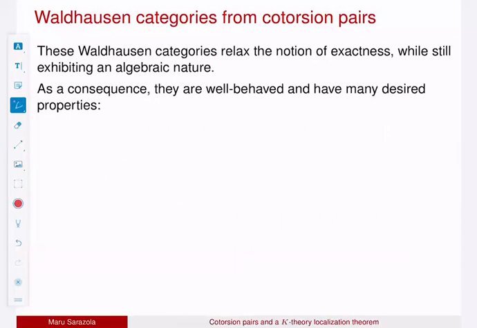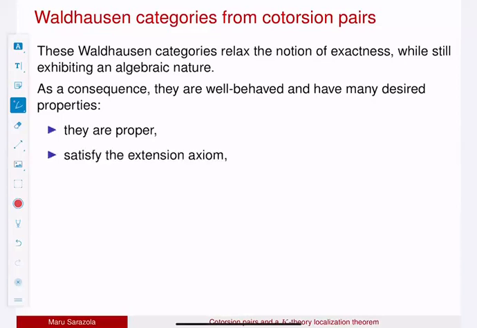Okay, so for a last word about these categories constructed from Cotorsion pairs, they have really nice properties. They relax the notion of exactness, but they still exhibit a very strong algebraic nature. As a consequence, they are very, very structured and well-behaved. So for example, they are proper. They satisfy what we call the extension axiom in K-theory.